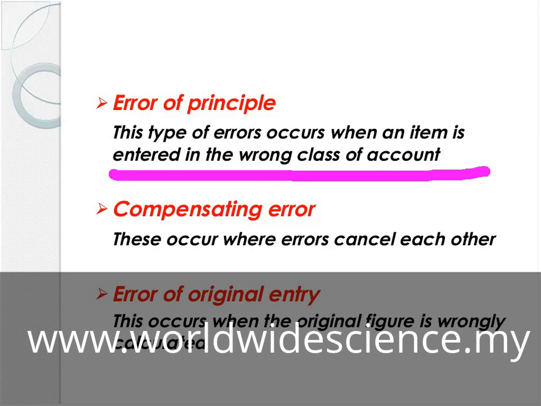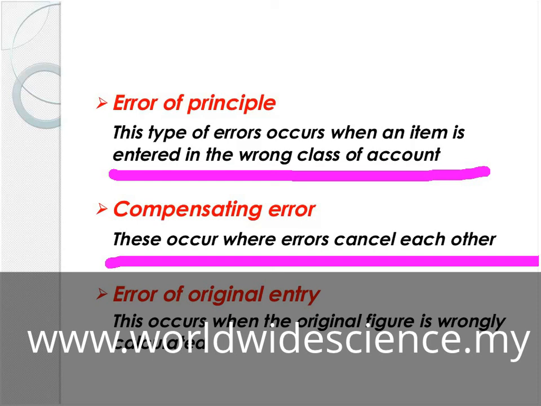This is an error of principle. The compensating error occurs where errors cancel each other. Error of original entry occurs when the original figure is wrongly calculated. Just a mistake when we calculate wrongly, like 2 plus 2 not being 4. This is a simple one.